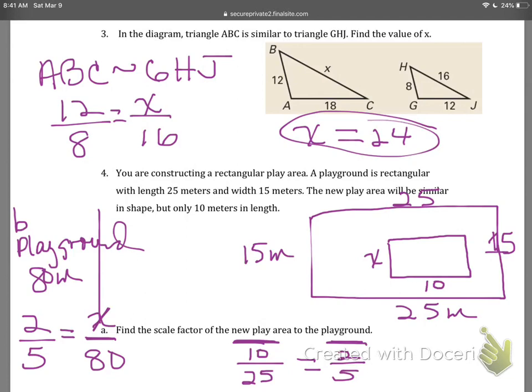So go ahead and do that math. So 80 times 2 was 160, and divide that by 5, and I am getting a perimeter of 32 meters. Okay, so the inside is 32 meters in perimeter, the outside is 80 meters in perimeter, and I determined the smaller perimeter by using the scale factor of 2 to 5. So that ends the 6-1 notes.